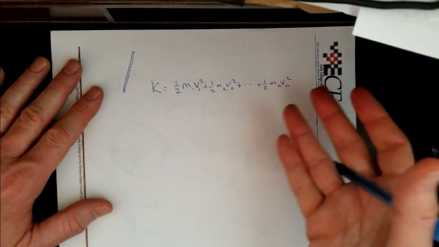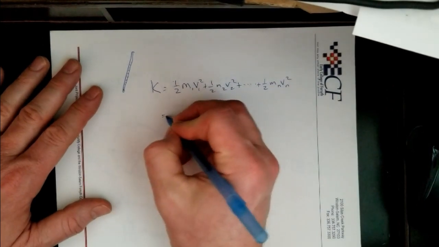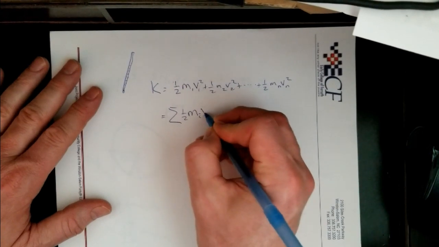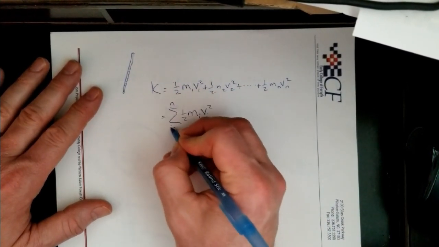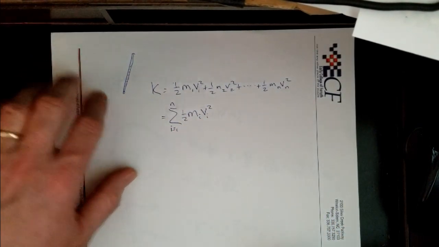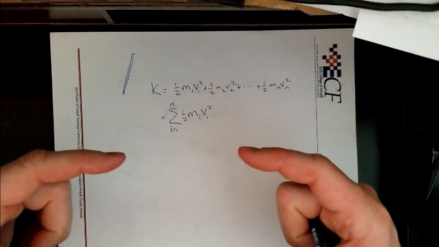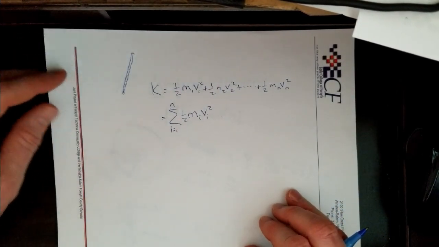I'm eventually going to let n become infinitely large. I can shorten this to the sum of 1/2 m sub i v sub i squared, where i goes from 1 to n, or infinity ultimately. Remember that the mass here is basically the mass of the entire door divided by however many pieces, assuming I break it up into even pieces.